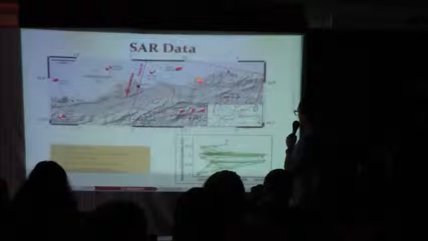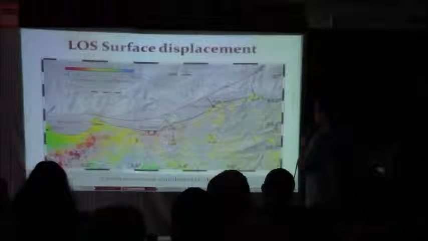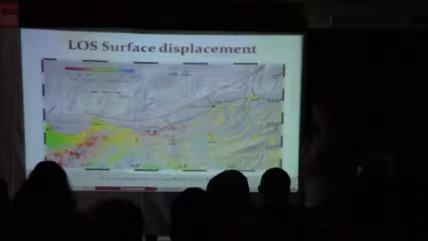This frame is the ENVISAT frame that I have used for the post-seismic deformation field. And this is the earthquake region. We had 31 ENVISAT images and we created 81 interferograms using this network. And here you see the surface displacement map.